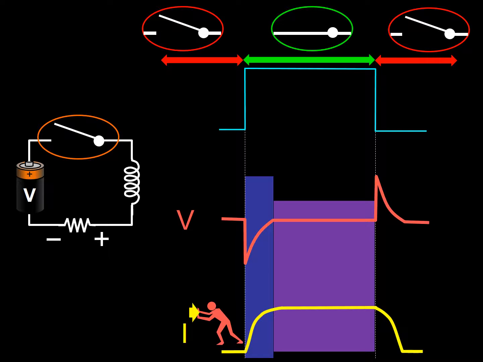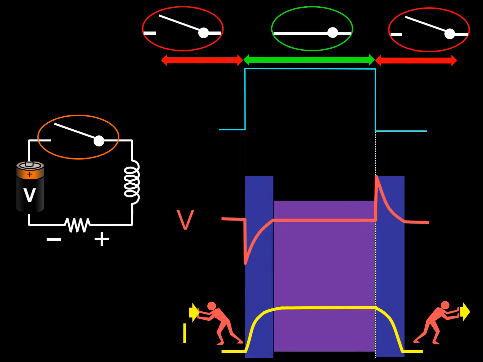This is represented by the blue man pushing against the yellow arrow. When the switch is turned off, the blue man, as you see, is pushing in the direction of the flow of the electrons produced by the battery. So this is what happens when dealing with resistor inductive circuits.